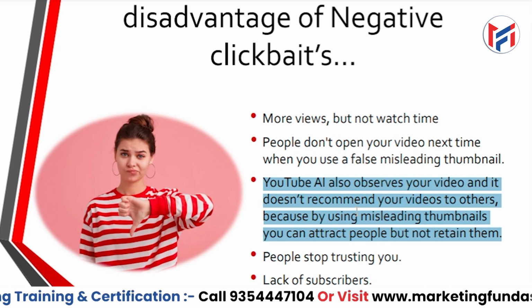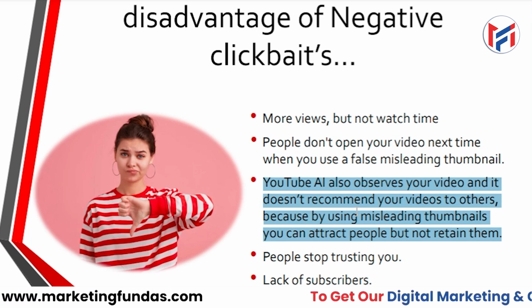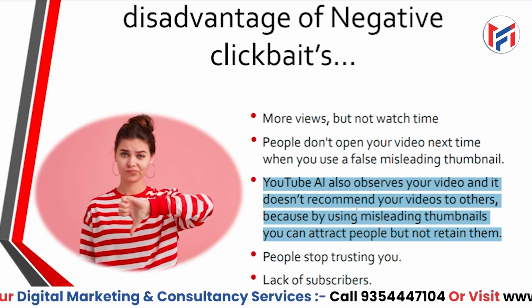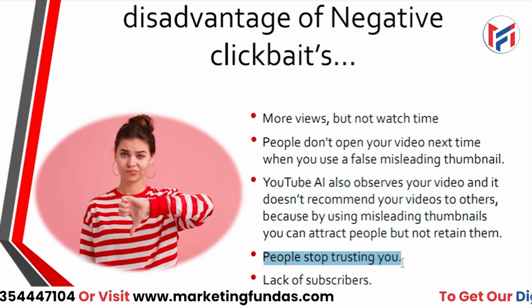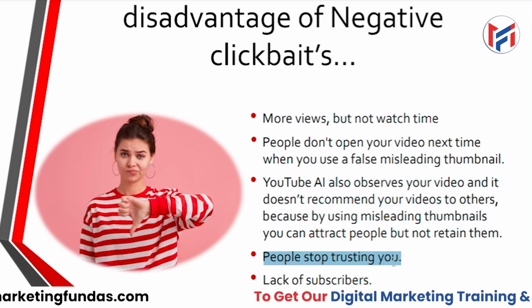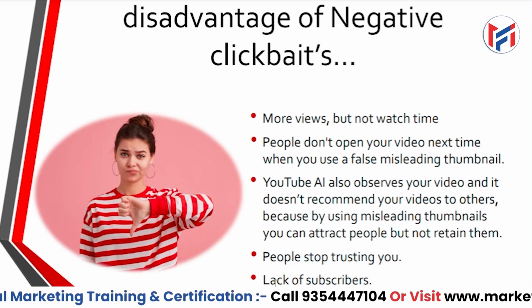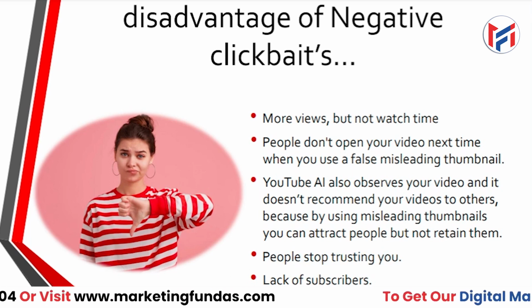And if they stop recommending your videos, you will see a drastic decrease in the views and in the overall analytics of your YouTube channel, right? Also people stop trusting you, and then there is a lack of subscribers, because people who don't trust you will either unsubscribe or not even subscribe, right?